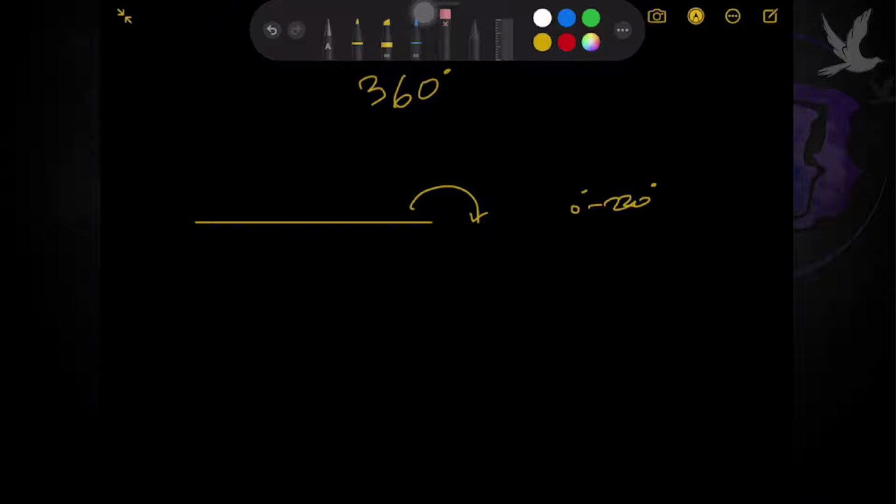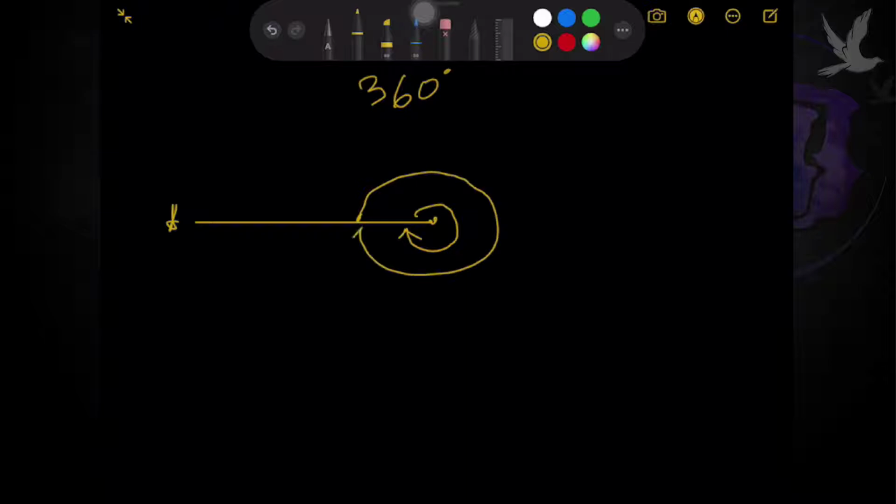Until it goes all the way around, from this point all the way around to its original point, forming basically a circle. Kasi kung i-form nyo yan, if yung pag-swirl ng angle forms a full circle, which is equivalent to 360 degrees.